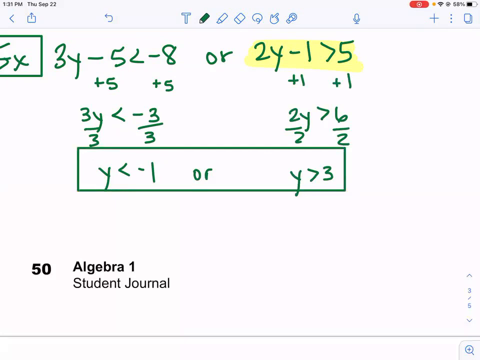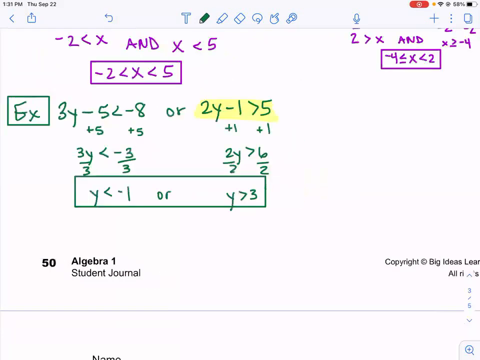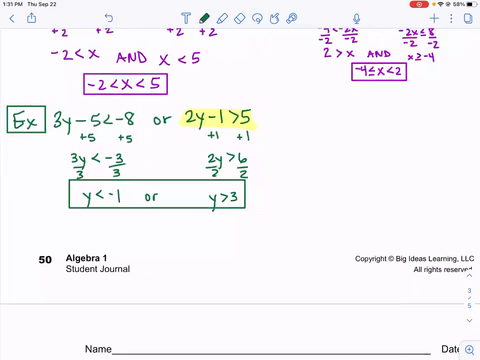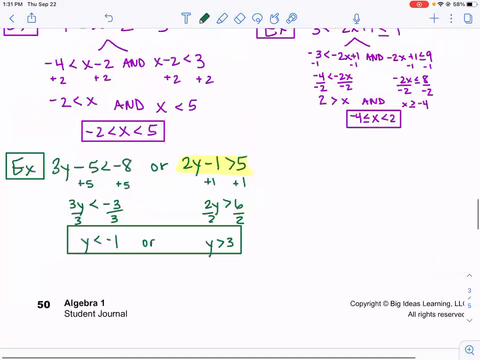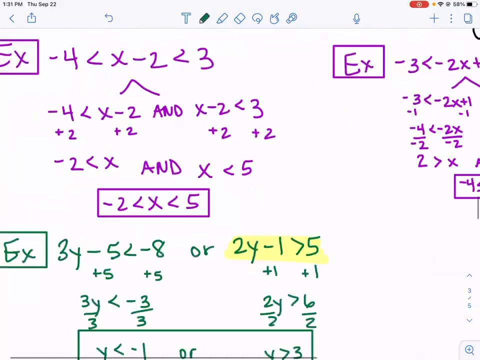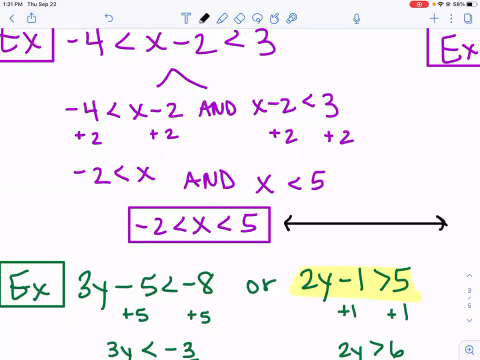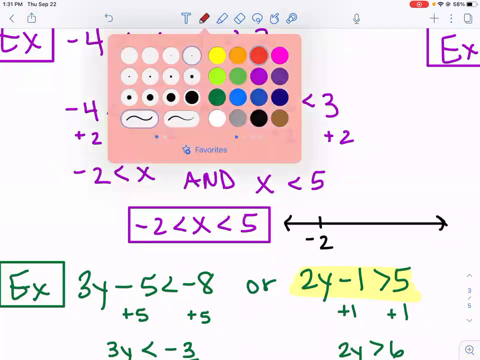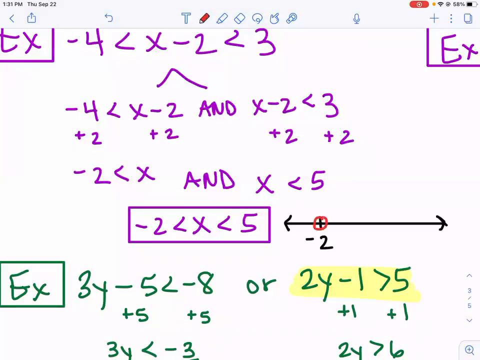Now, I do want to talk about the difference in the graphs with our and or statements. Okay, so let's go back to this first purple example. What statement is it? And or? It's an and. Our first purple example. Okay, so in red, x is greater than -2.